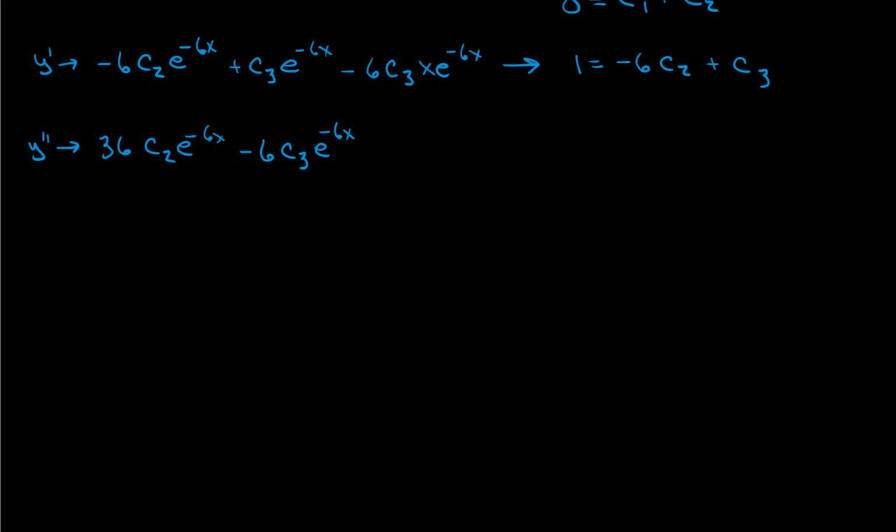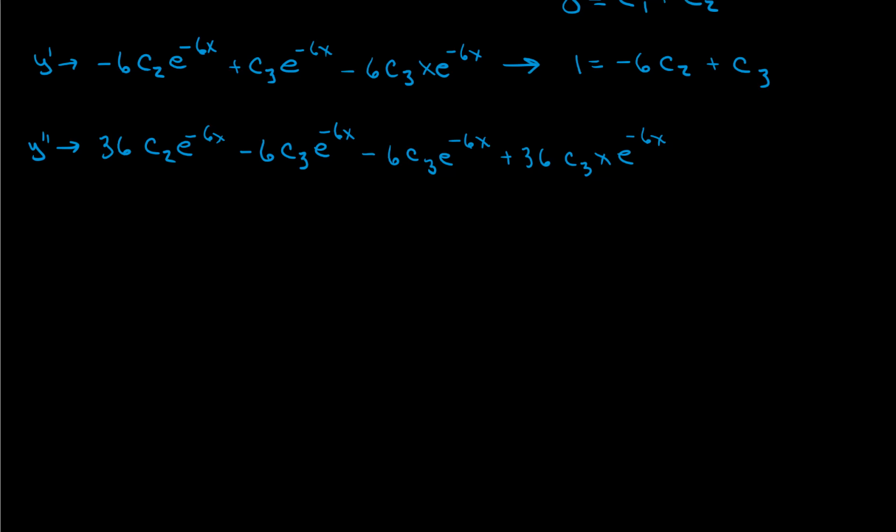When we use this product rule on this third one, we're going to wind up with a negative 6 C3 e to the negative 6x. Then we're going to have the derivative of e to the negative 6x, plus 36 C3 x e to the negative 6x. Okay, so there's that.